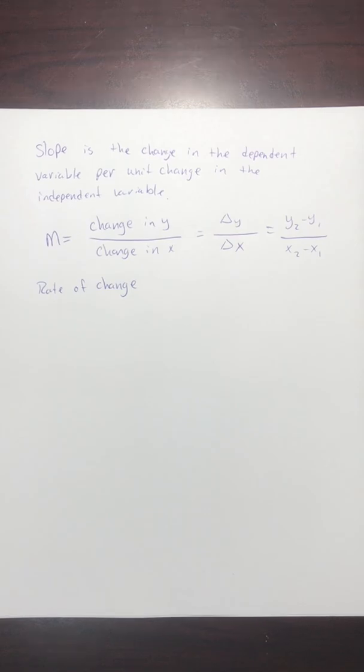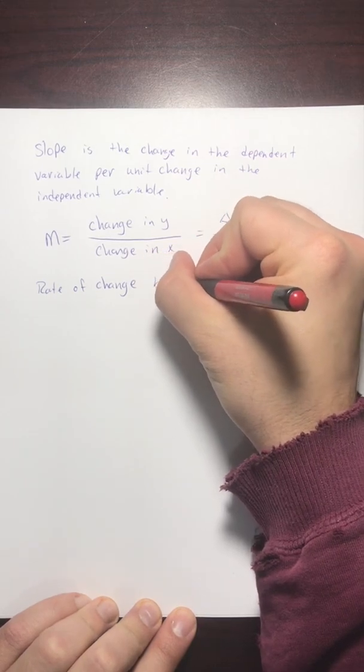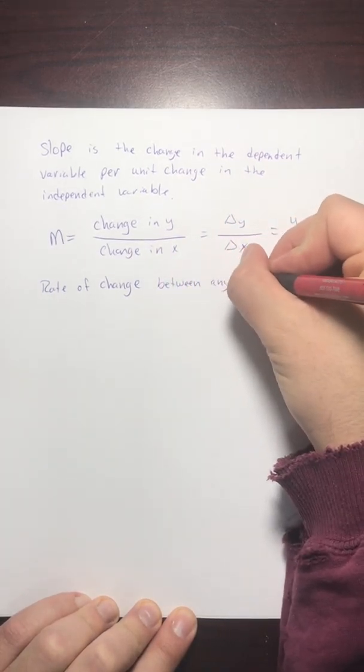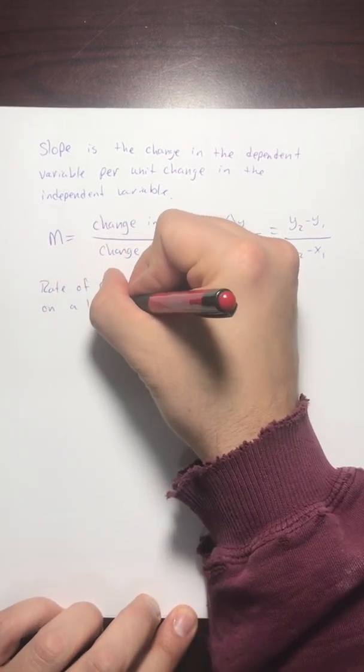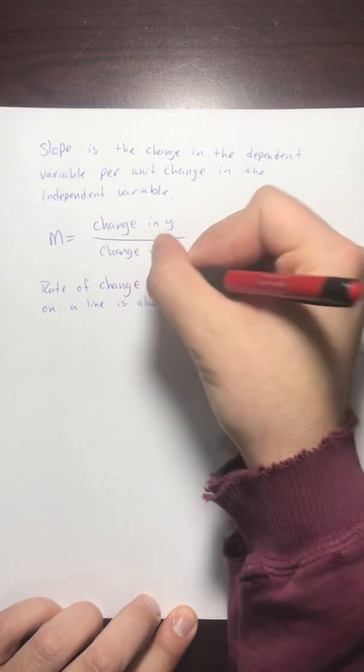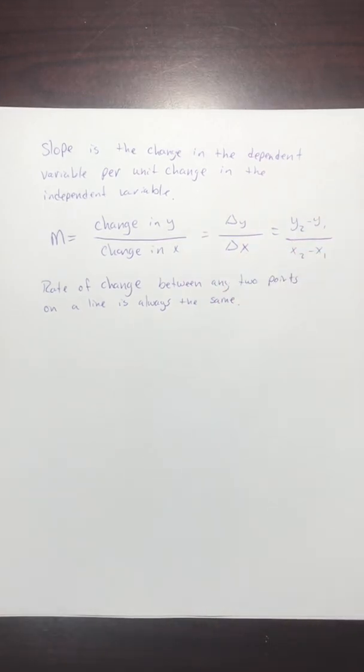So the rate of change of a linear function between any 2 points is always the same. So all we need to find the slope of a line is the knowledge of two ordered pairs on that line, and we can find the change in y over the change in x. Any 2 points will work, because on a line the rate of change is always the same between any 2 points.